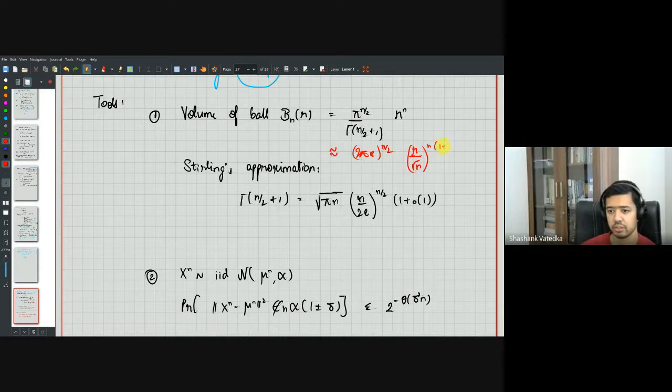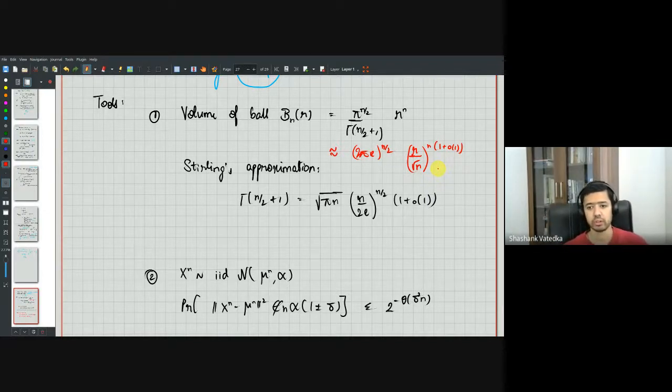I can just say that this is 1 plus little o of 1. So this is what the volume of a ball of radius r is equal to.